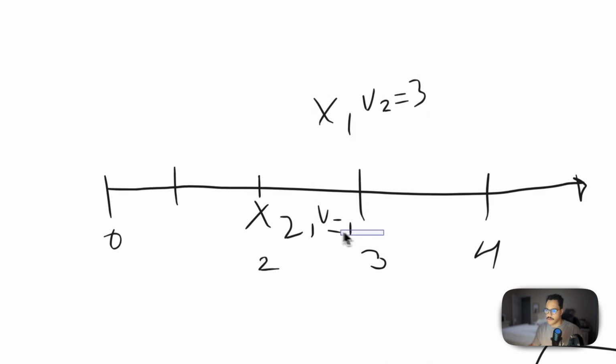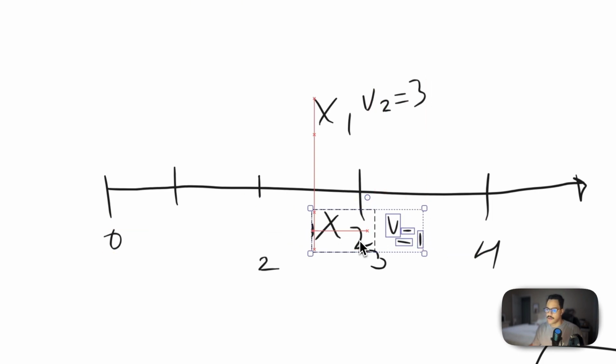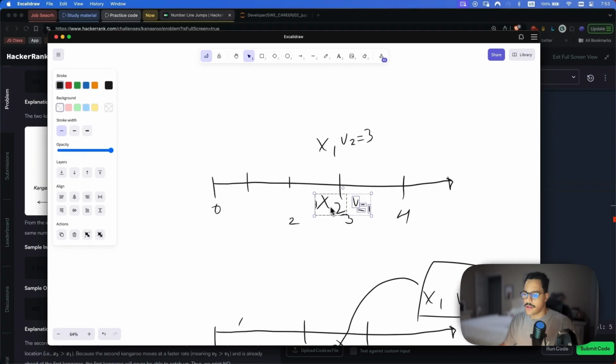And this guy will meet with the next kangaroo right here, because again, one kangaroo's distance was greater than the other one, but the other kangaroo's velocity, or jump range coverage, was greater, right?